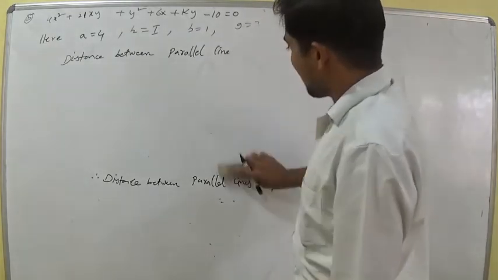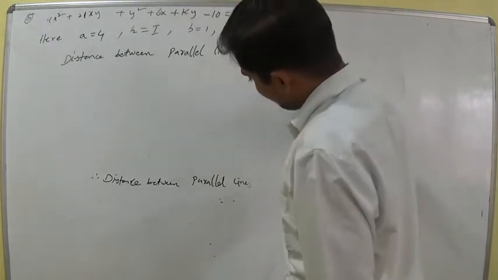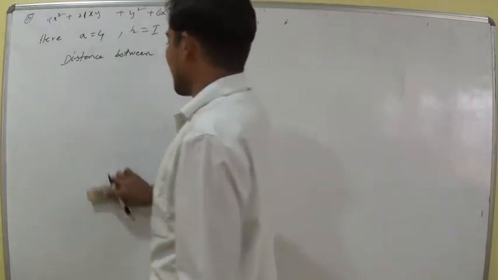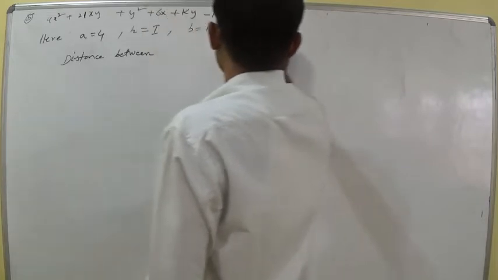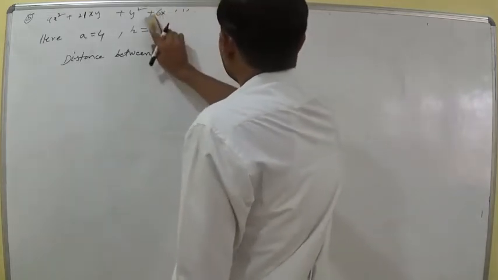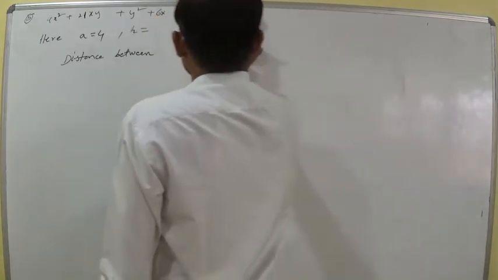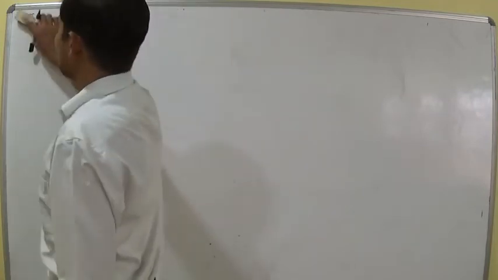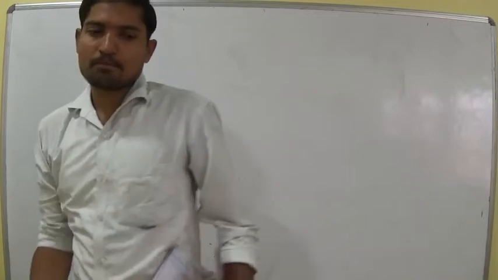Understand the fifth one? Now sixth one. Which represents a pair of straight lines means it has to satisfy the condition delta is equal to 0, and h square greater than or equal to ab, g square greater than or equal to ac, f square greater than or equal to bc.